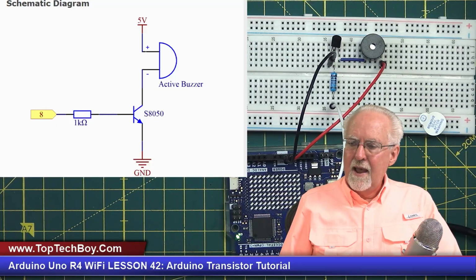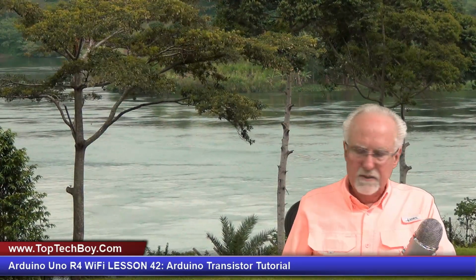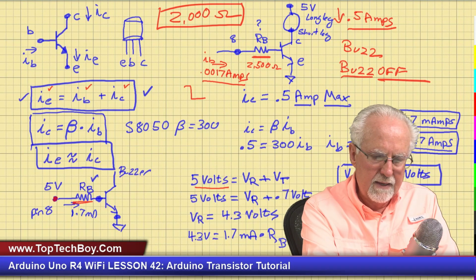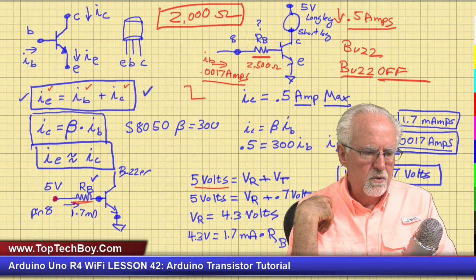Okay, guys, I really want your feedback on this, because as we were going through the math and the transistor operation, we got into a lot of details, and this might be one that you'll want to come back and listen to again.